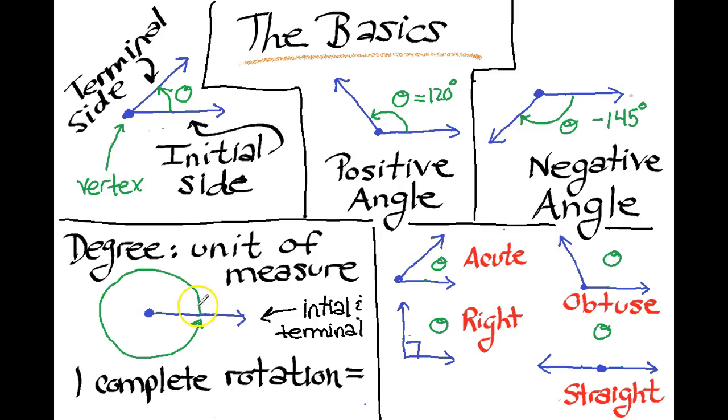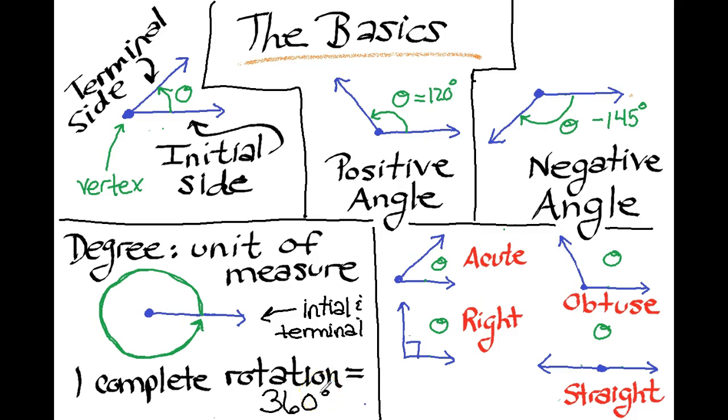So if you take a look at the entire rotation, it's rotating in a clockwise direction. That full rotation actually equals one complete rotation, and you guys should know this already. One complete rotation is 360 degrees.